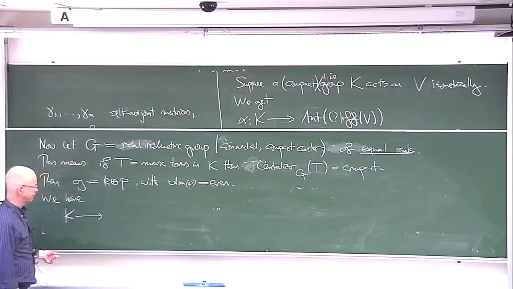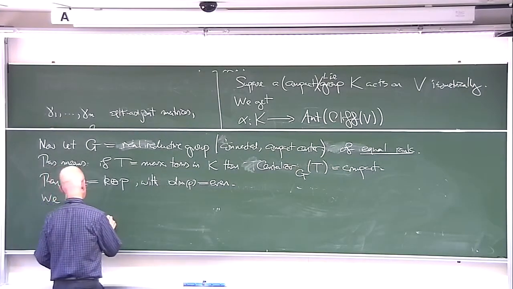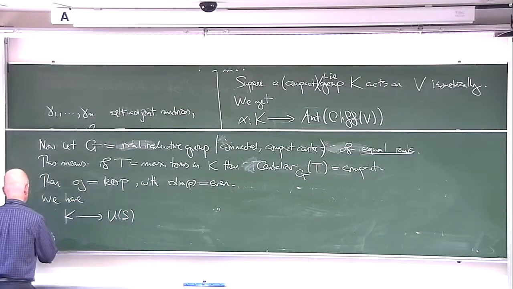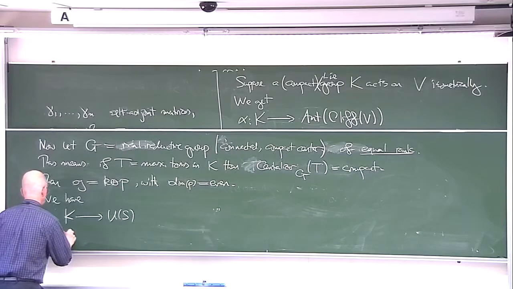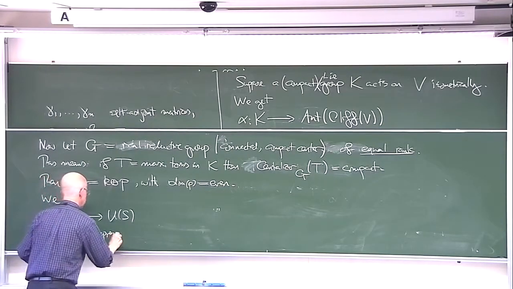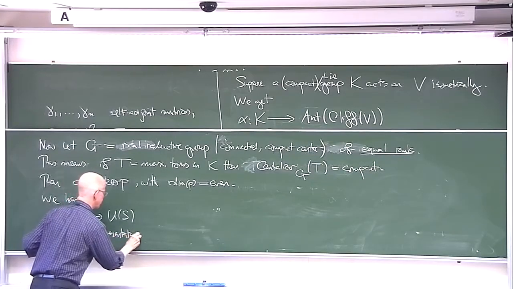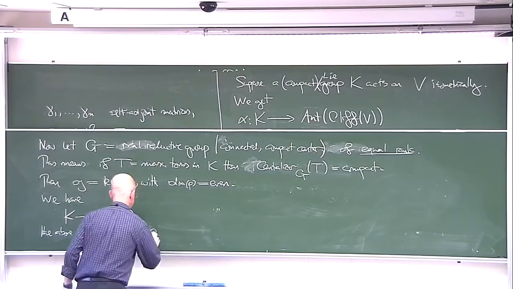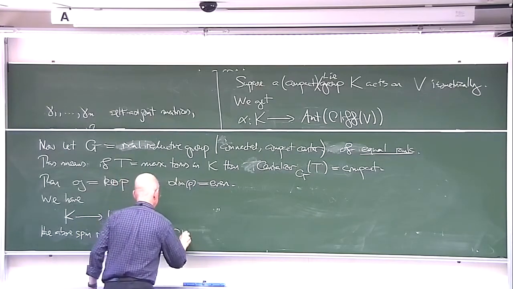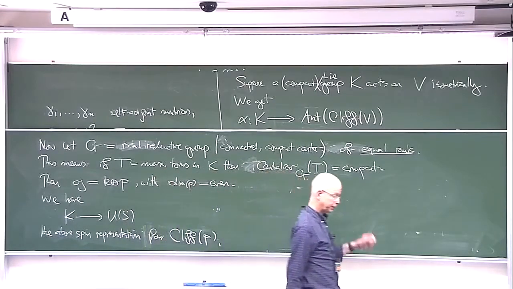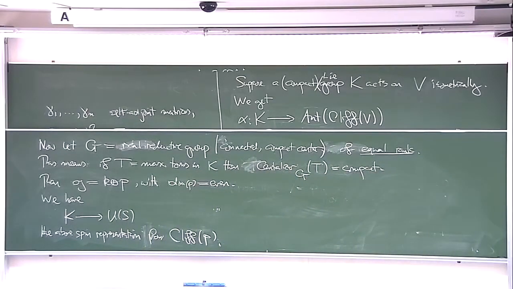And so we have, if we're lucky, this spin representation coming from the Clifford algebra that you can build out of the vector space P. So K acts by conjugation on P, the symmetric matrices in the Lie algebra.